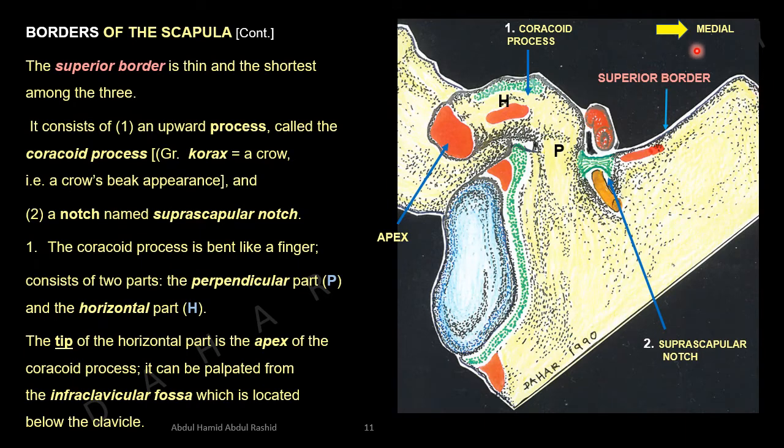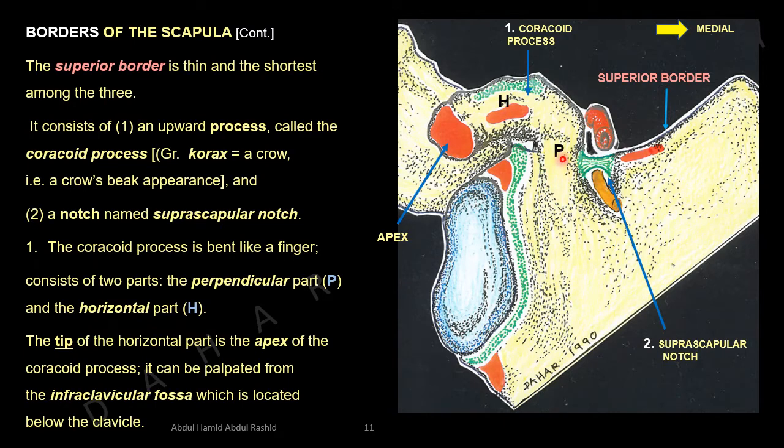This is the medial side. Just medial to the coracoid process, there is a notch here. It is called the suprascapular notch. That is above the upper part of the scapula. Let's talk about the coracoid process. It is bent like a finger and consists of 2 parts.